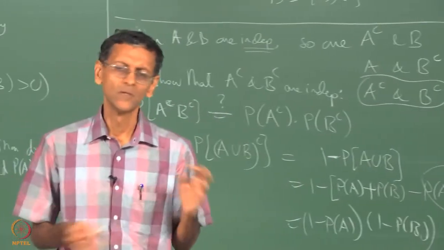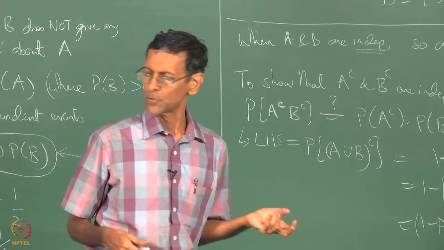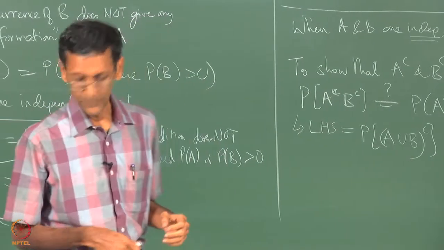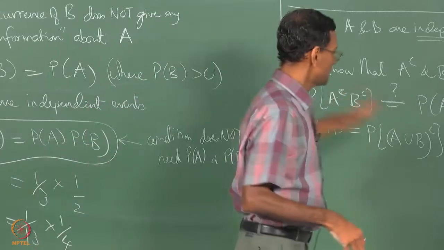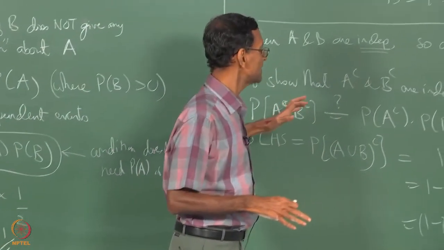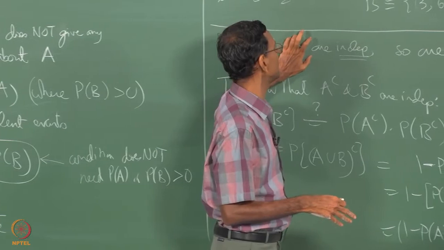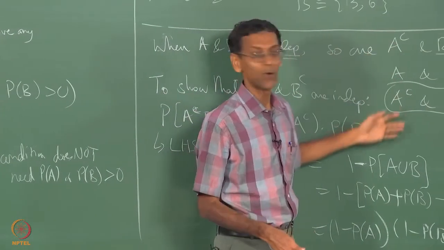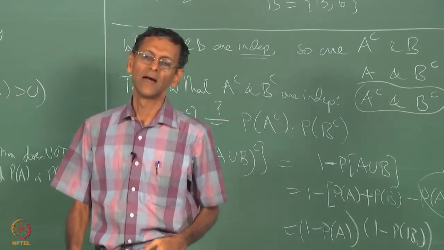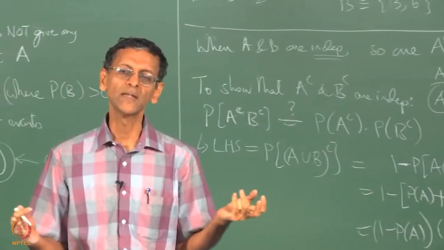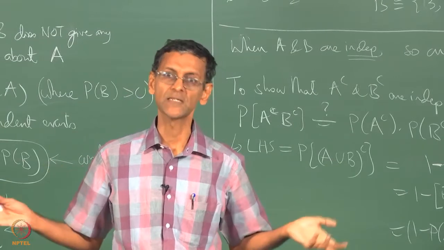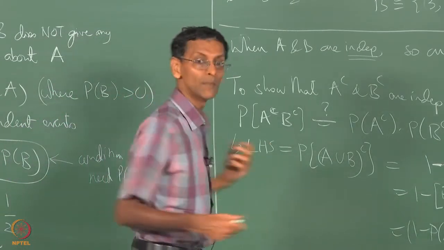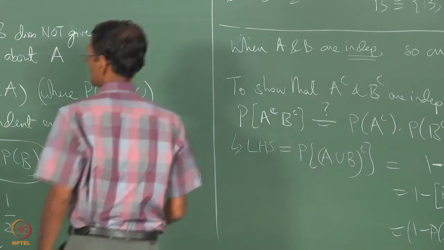I am not going to spend the valuable time here doing every little thing. So again the takeaway is very important: if you have two independent events, you have more than just the two, you have all of these as well, and neither A nor A complement changes the situation as far as B is concerned, and vice versa, okay.